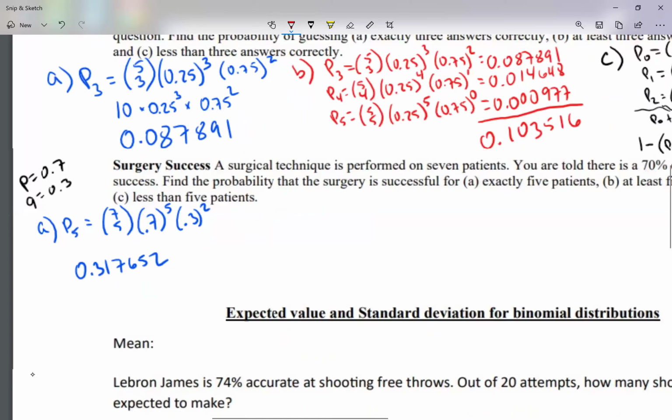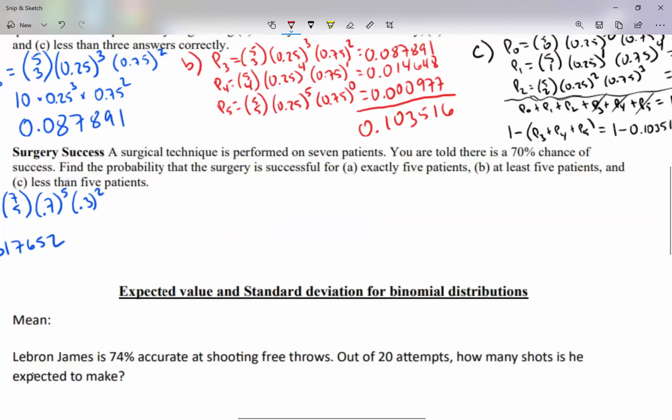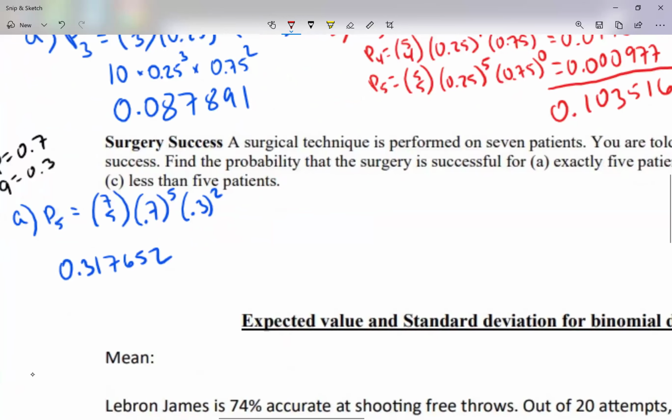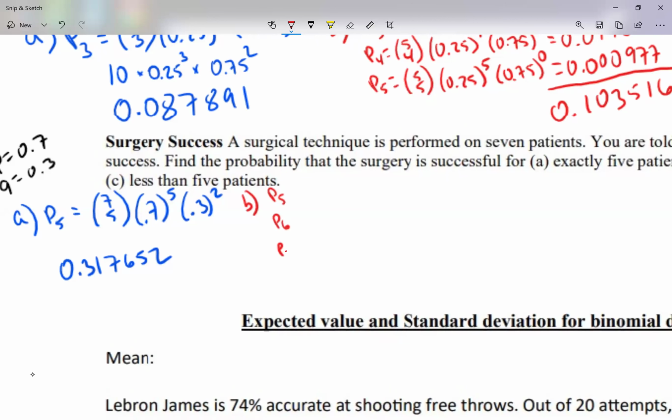My question B says at least 5 patients. Okay. So for question B, at least 5. That will mean what's the probability I get 5 people correct, what's the probability I get 6, or the probability I get 7?